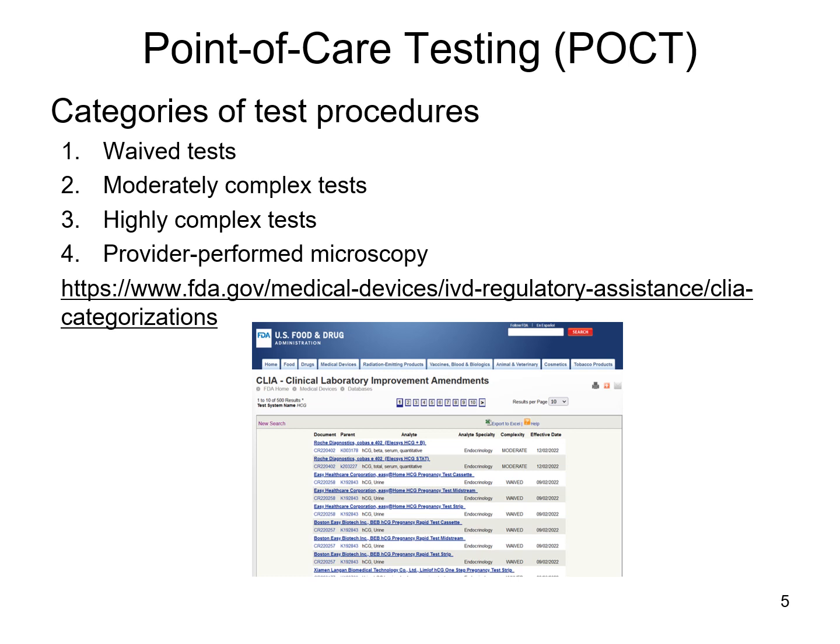Now moderate complexity tests do have more requirements with QC and educational requirements, personnel requirements. High complexity test, the main difference between the moderate and the high complexity test has to do with the educational requirements that is involved, and then there are a few other things that differentiate those as far as quality control, but most of it for the high complexity testing is going to be the education.